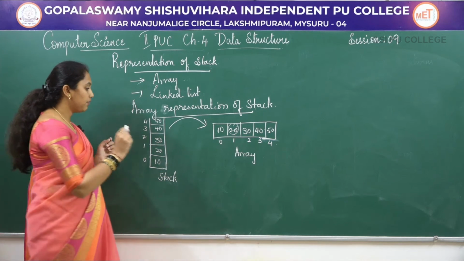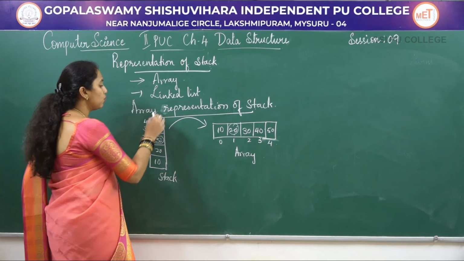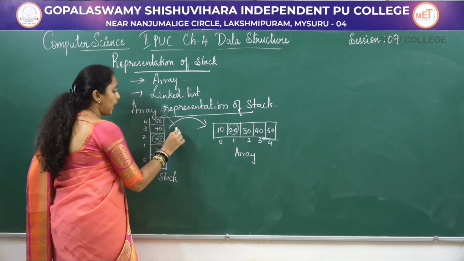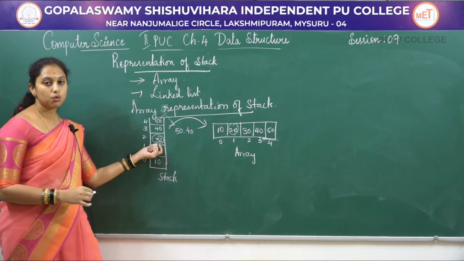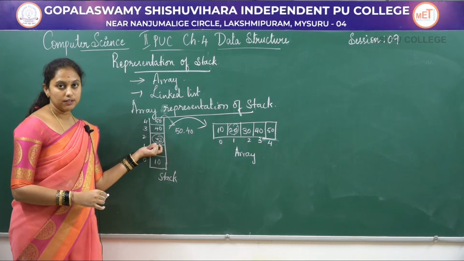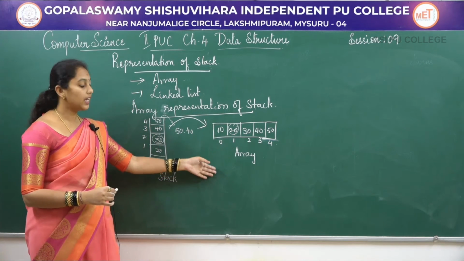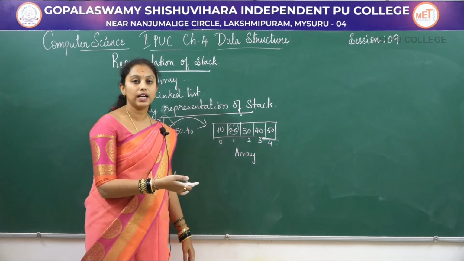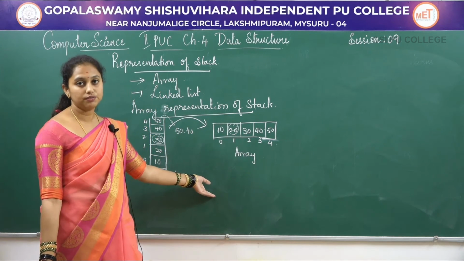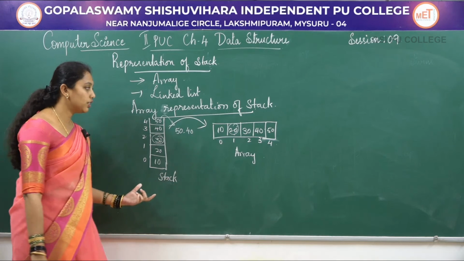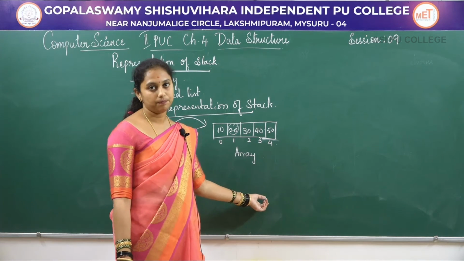For example, if I want to delete this item called 30, then first I have to remove these two items, 50 as well as 40, then remove 30 from the stack. But in an array, it is not required. I can insert or delete any item directly at any position of the array. So this is a major difference between arrays and stacks.